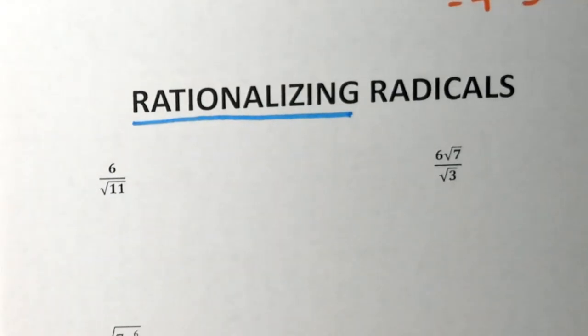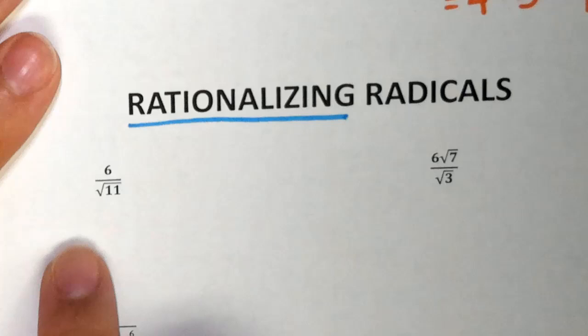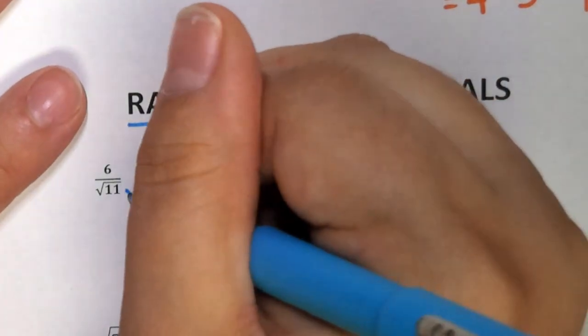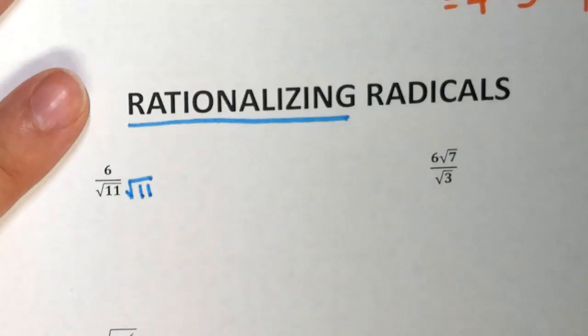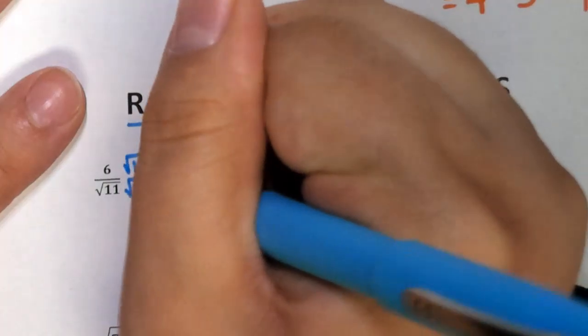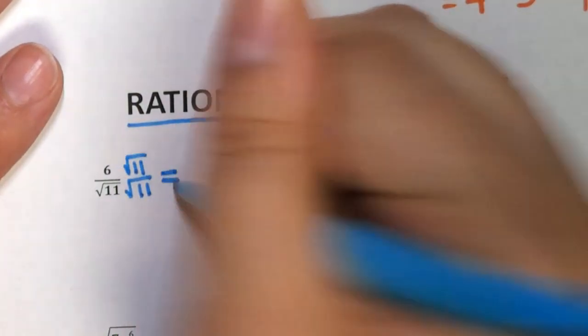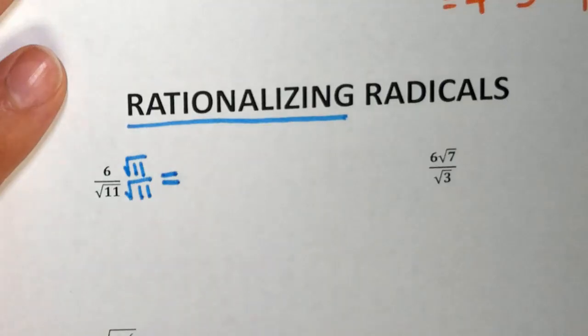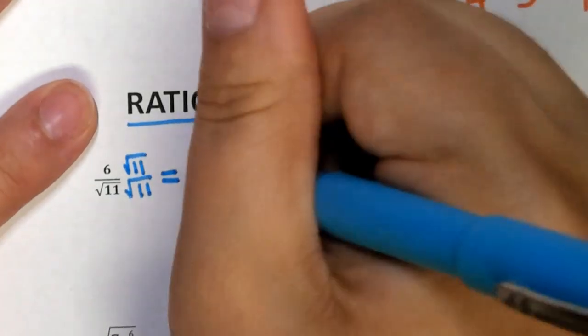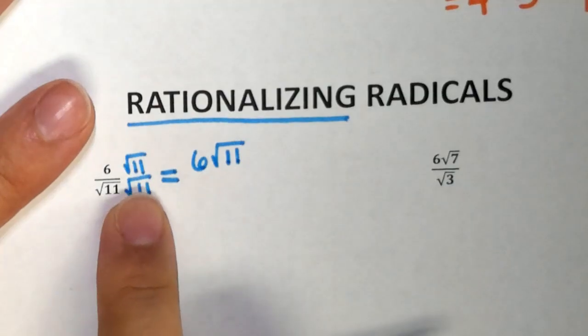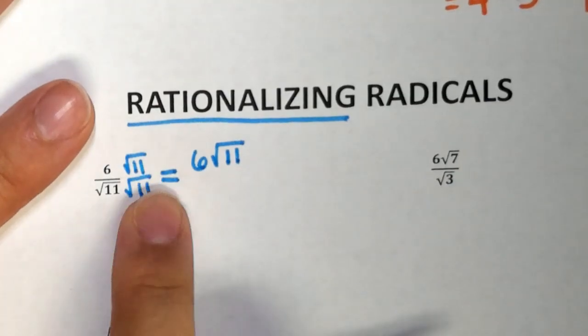So everybody look up. To rationalize this, I am going to multiply it by itself. I'm going to multiply it by square root of 11. However, if I do that to the denominator, you have to do it to the numerator. What is going to be left up top? 6 square root of 11. Do not multiply those and get 66 because one's not in a radical and one is in a radical.